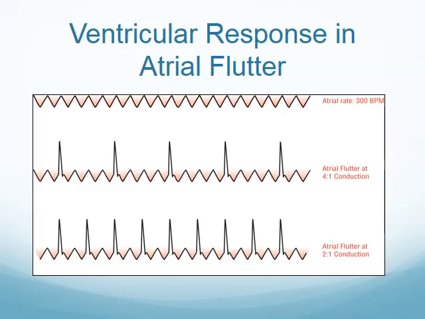So here we have on the top of the example, this is our atrial rate up here of 300 beats a minute. Atrial flutter with 4-to-1 conduction, meaning that for every 4 impulses from the atria, 1 is getting through. Atrial flutter at 2-to-1 conduction, for every 2 impulses, 1 is getting through, so half of them.